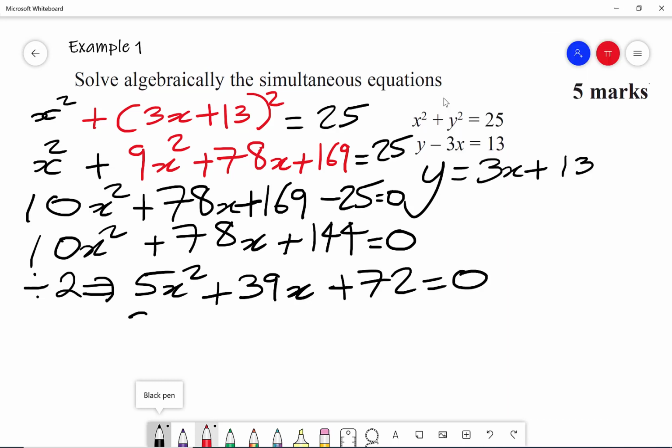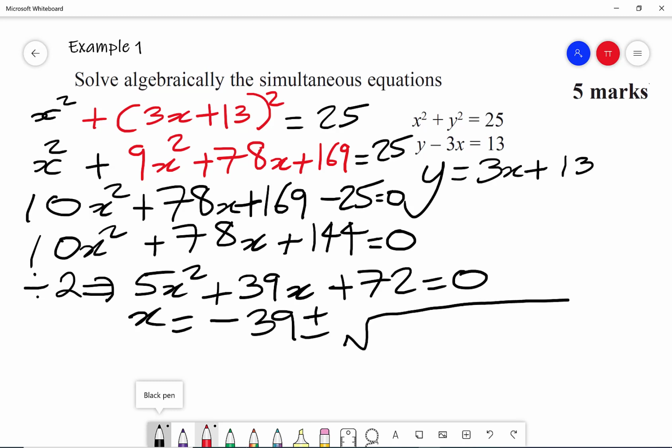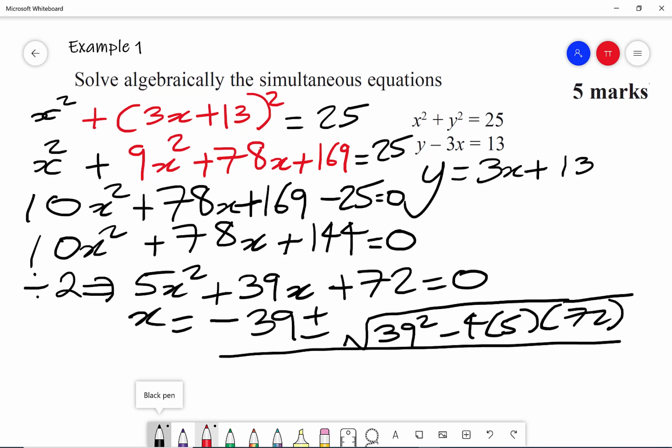We could write down the quadratic formula if you want. So you could write minus 39 plus or minus the square root of 39 squared minus 4 times 5 times 72, all divided by 2 times 5, and then we can get this from our calculator.